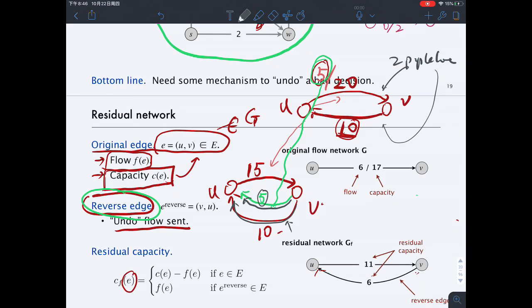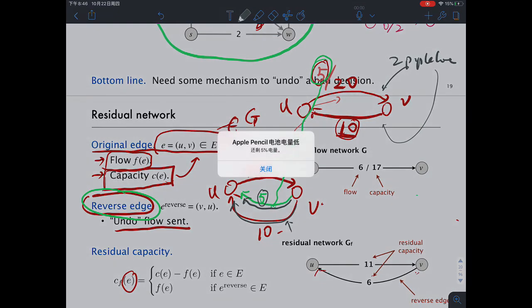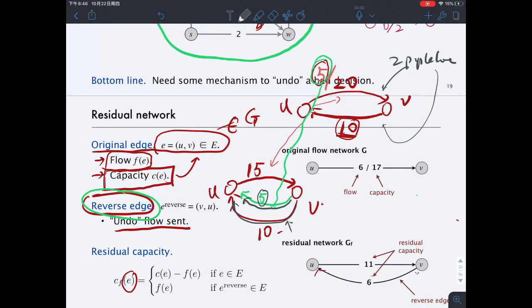The second reflects the fact that we can regret and send back 5 more units of flow from V to U, because I sent 5 units from U to V at this moment.